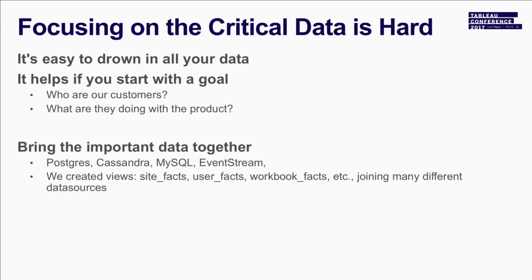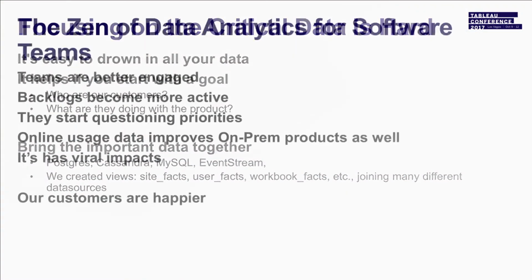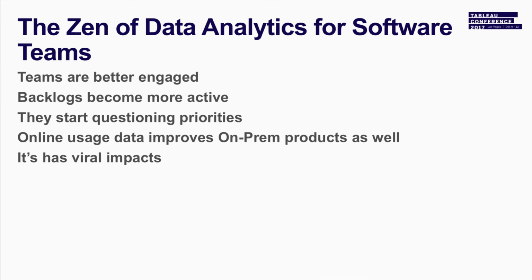If you look at the data sources that we have, Postgres, Cassandra, MySQL, and an event stream, a lot of this, because it's written by developers, has IDs, which are not great for somebody who's doing analysis on data. And so we created views for some of these, so it's easier and more human digestible for people.